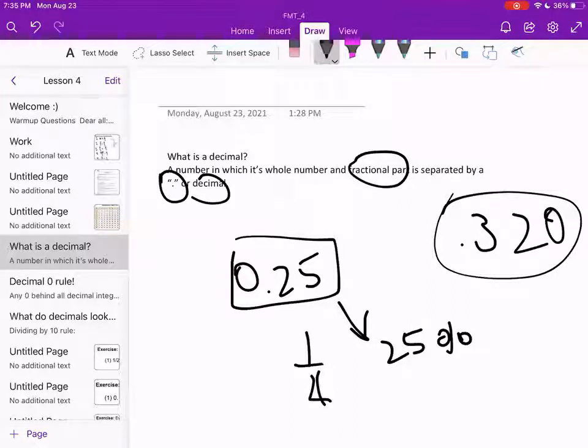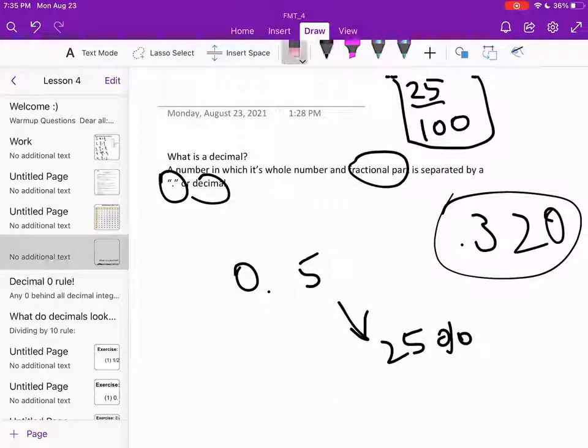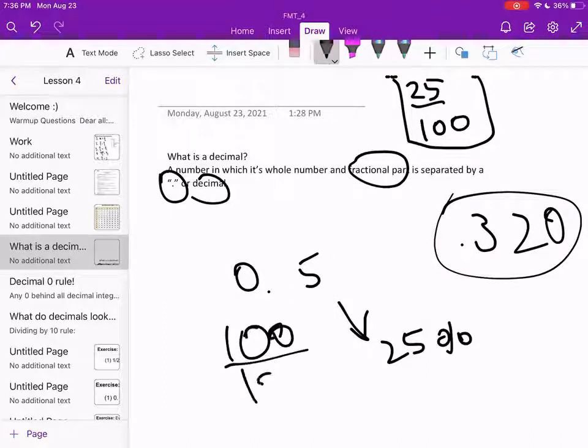So if I have 25 out of 100, that is the same thing as, like, you've seen a score where it was, let's say, 100 out of 100, right?